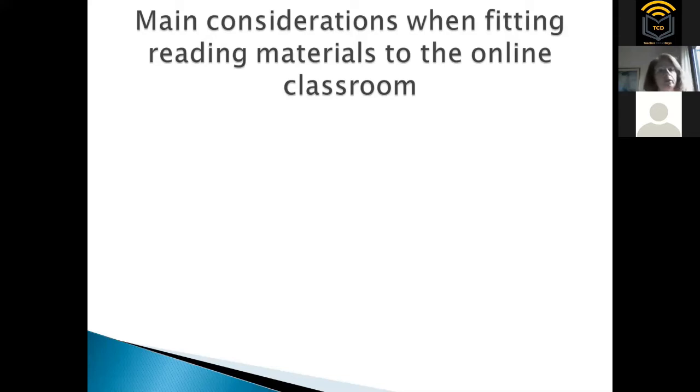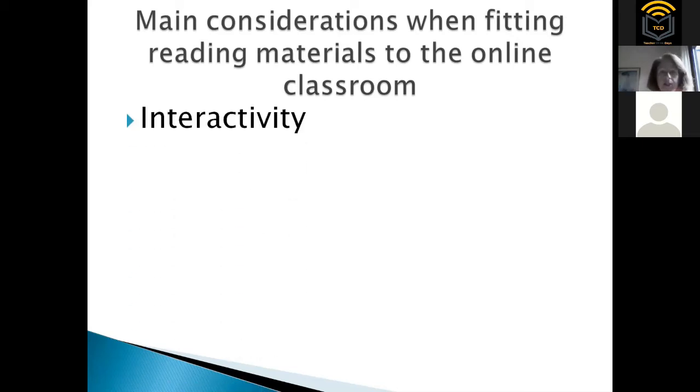It's much easier watching a video online than reading a text. And I've been working with platforms and students having to read loads and loads of pages. Students do have a problem, especially some of them, they cannot easily read from the screen.